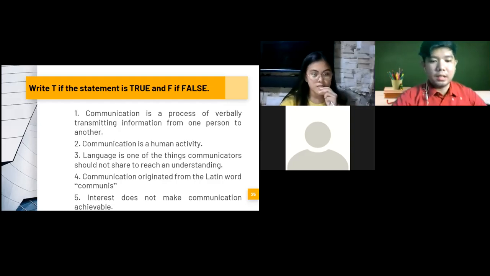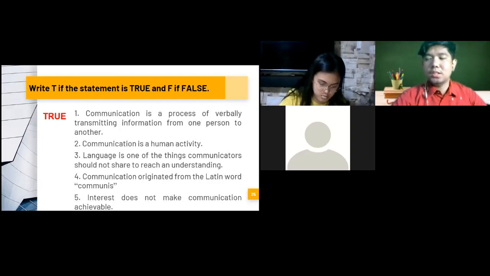Verbally can also include writing. That's why the answer here should be true. Though your idea, Miss Berdin, is correct, that communication is verbal and non-verbal, still we are looking at the general context of communication.